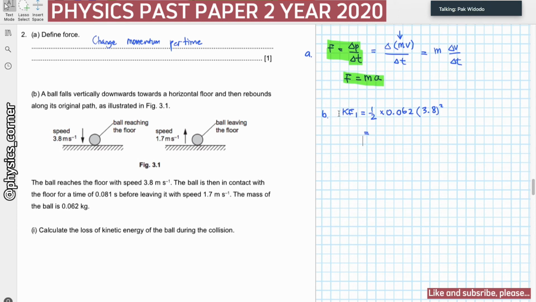So we get a half times 0.062 times 3.8 squared. How much? 0.44764 joules. Let me write it completely first.